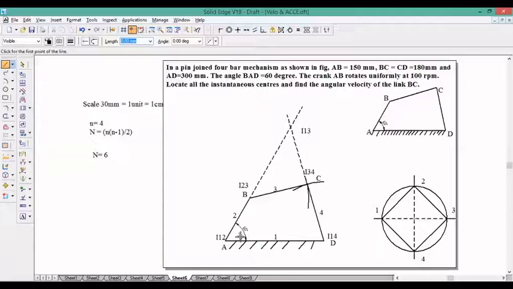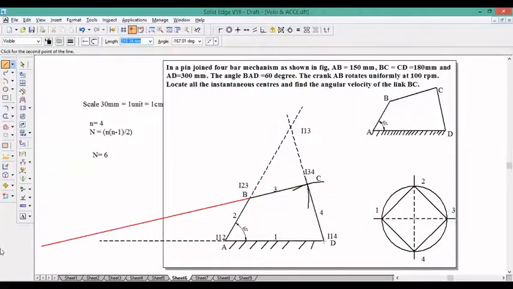So 1, 4 and 1, 2 is on a horizontal line. So from this endpoint, I need to draw a certain length line. Similarly, instantaneous center 2, 3 and 3, 4 is there. That is the line in instantaneous center 3, 4 and 2, 4 is followed here and just produce that.